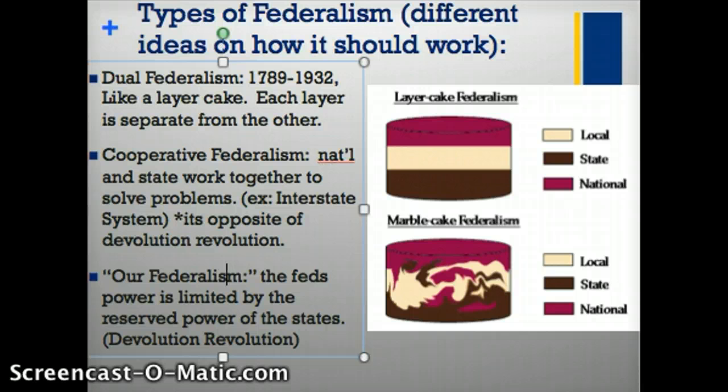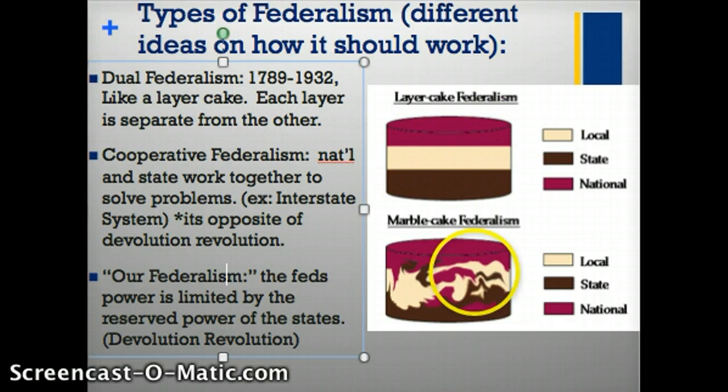From 1932 to today, because of the Great Depression and the New Deal policy and the New Deal solutions, the national and state governments actually work together to solve more problems. You can't really tell where the national government's power ends and the state's responsibility begins.